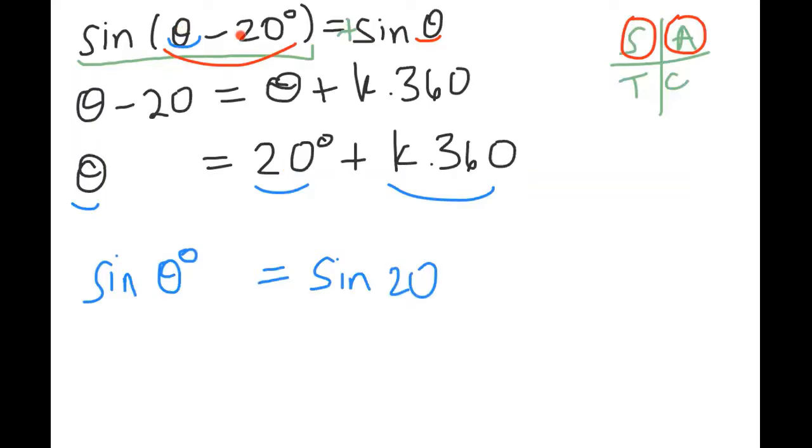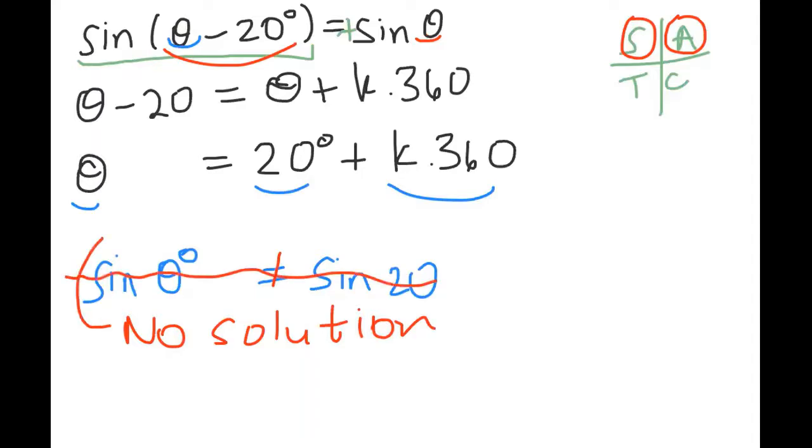So we say sine of 0 equals sine of 20, but this is not the case. So for this, we just say there's no solution. So we don't need to write this part over here. The no solution we can just put over here, so that we can see it just doesn't look right.